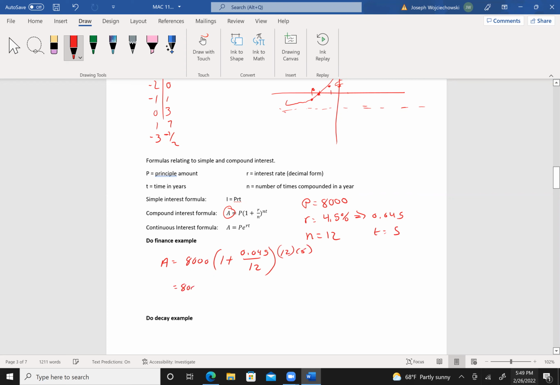So here I'm looking at 8,000 times 1 plus 0.045 divided by 12, which is 0.00375, to the 60th. I'm looking at 8,000 times 1.00375 to the 60th, and I get a final value of $10,014.37.